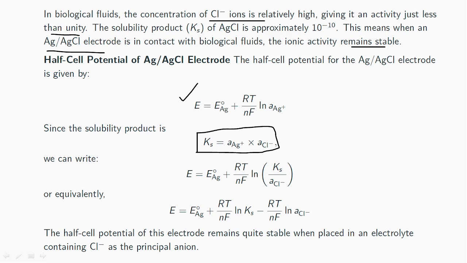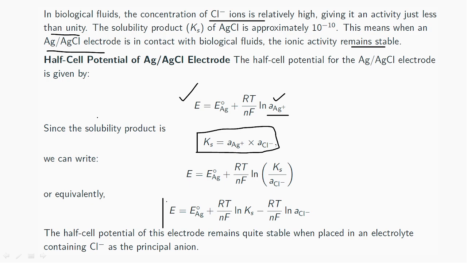So we know that half cell potential can be calculated using this formula, which we have previously seen in the Nernst equation. Now in this case we have to calculate the concentration of Ag plus. We know the solubility product Ks equals a Ag plus times a Cl minus, so in place of a Ag plus we can put Ks divided by a Cl minus.